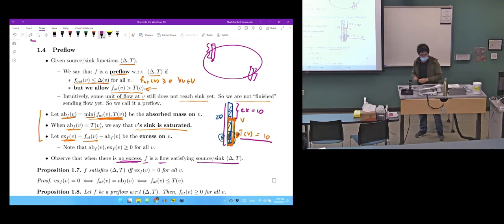So what we wanted to make happen is that when you're given source and sink function, if you don't do anything, there will be a lot of excess at the source, and you want to find the flow such that there is no excess at any node.